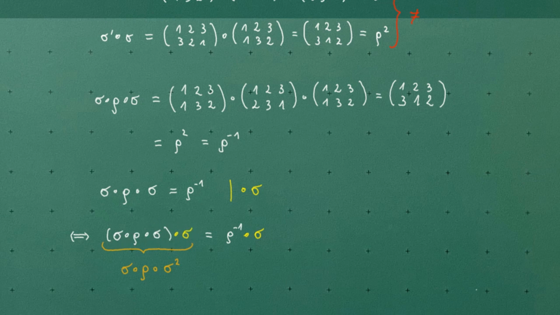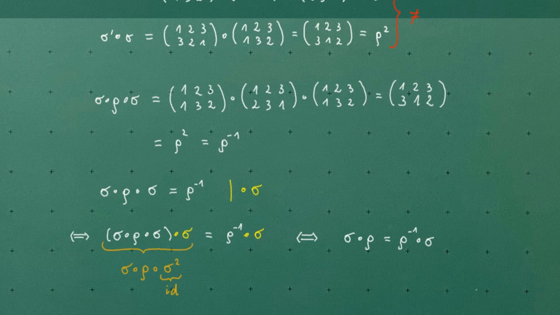So just dropping the parentheses gives me sigma, rho, sigma composed with sigma, which is nothing but sigma squared. But sigma squared is the identity, because I have flipped 2 times. So on this side here, we are left with sigma composed with rho, and on the other side, we are left with rho inverse composed with sigma, which was to be shown.